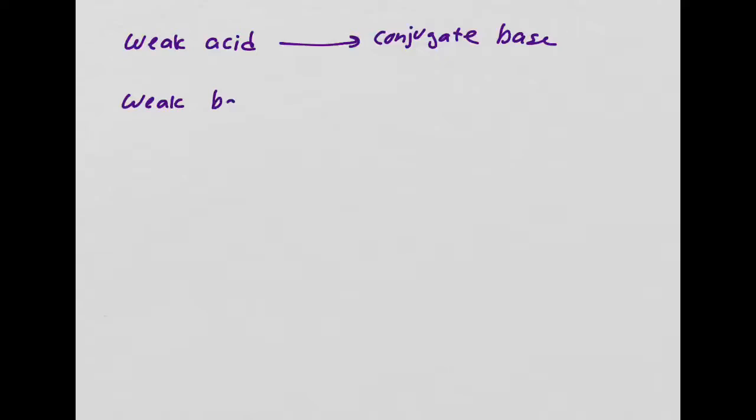If you have a weak acid, you're going to have a conjugate that is going to act like a base. It's going to have a conjugate base. Now, if you have a weak base, what's going to happen? You're going to have a conjugate that is going to act like an acid.